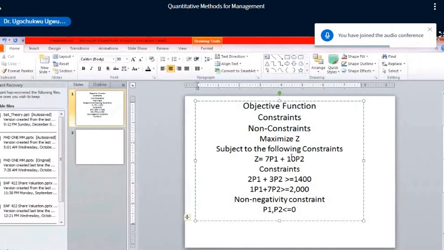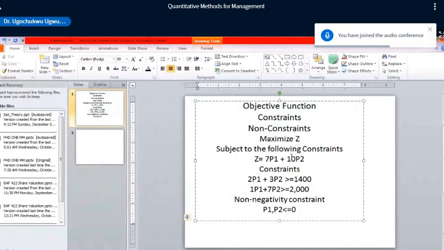To determine the maximum we can produce of A, we assume that B is 0. So if B is 0, what becomes A? 400 divided by 5, which will give you 80.